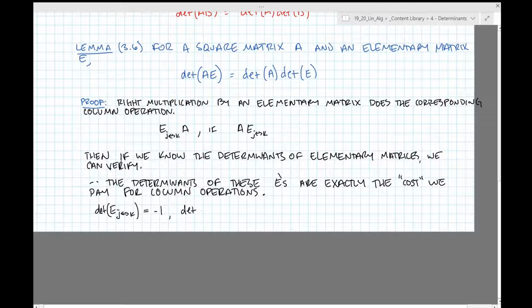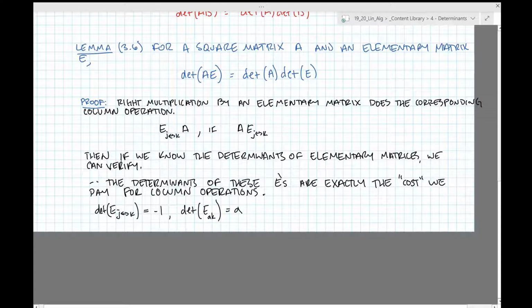If you take the elementary matrix that takes row K and multiplies it by a constant A, you'll find that the determinant of that is that constant, A. And so if you do a column operation here, that's the cost that we pay.